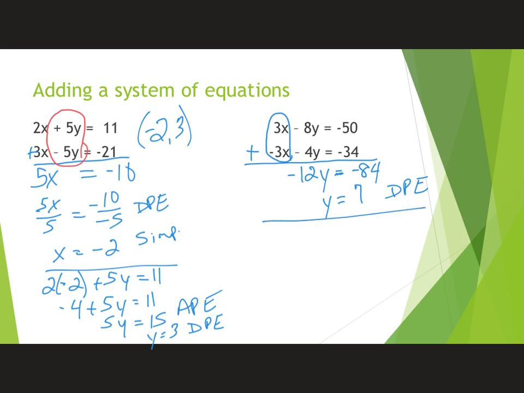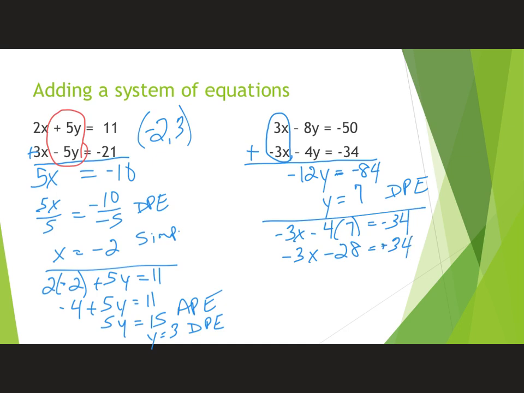Once again, I put it into one of my original equations. So I'm going to use the one that has negative 3x minus 4 times 7 equals negative 34. So I have negative 3x minus 28 equals negative 34.